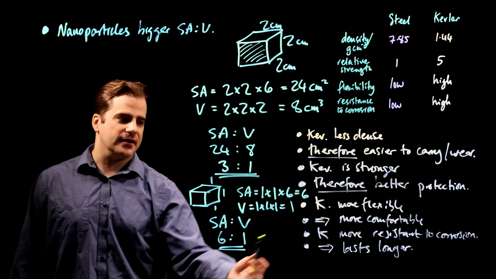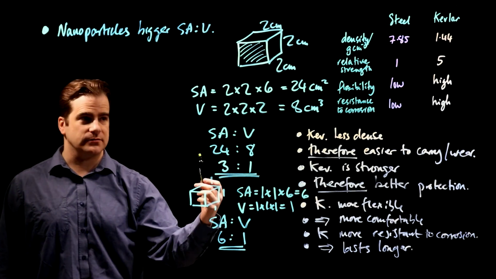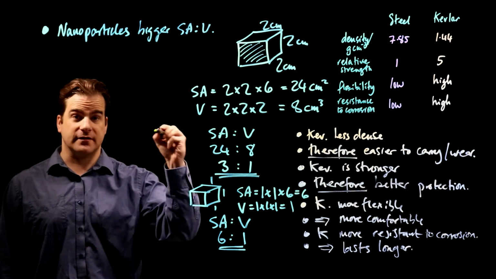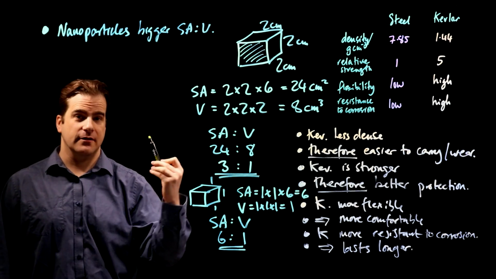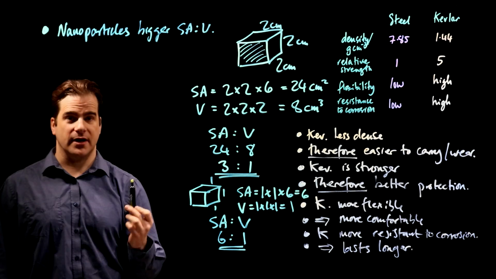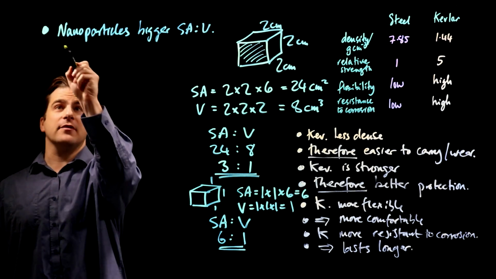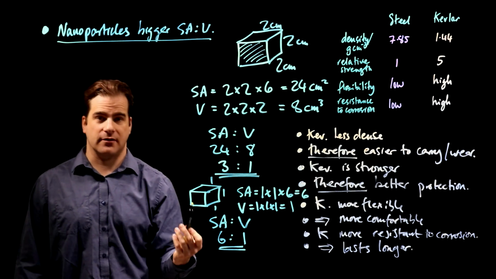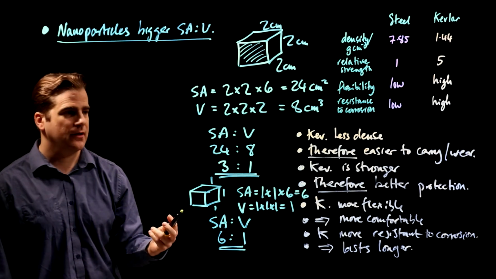You don't have to do this calculation in an exam. I just did that to show you mathematically. Just remember that the smaller objects get, the bigger their surface area to volume ratio gets, okay? And remember that nanoparticles have a very big surface area to volume ratio, okay?